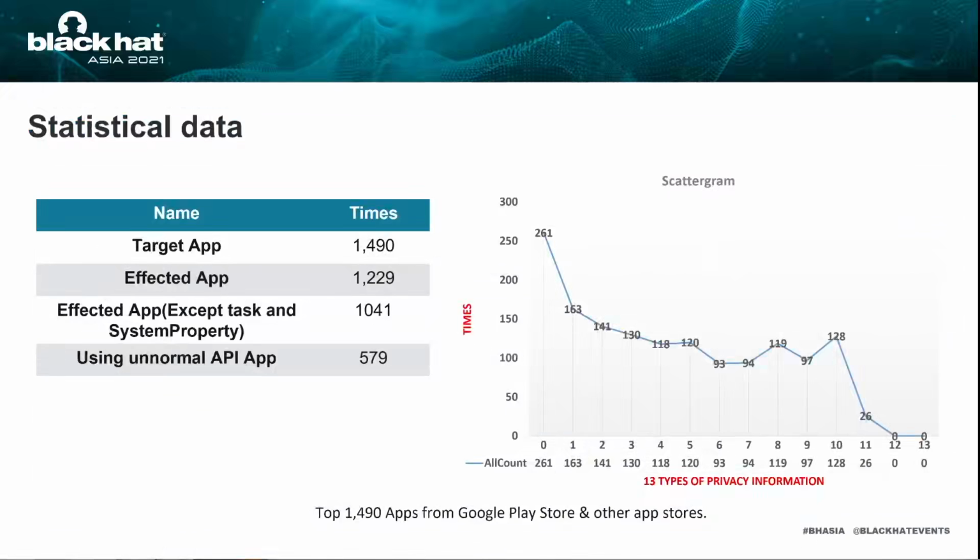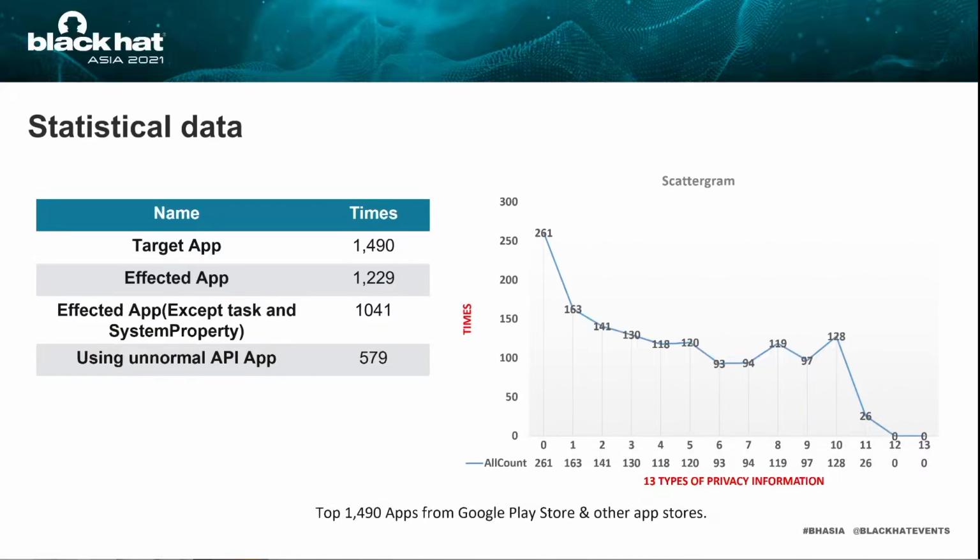Then we use the automated tool to test about 1,500 popular applications from several application stores. The test aspects are the access to user privacy information in the table.